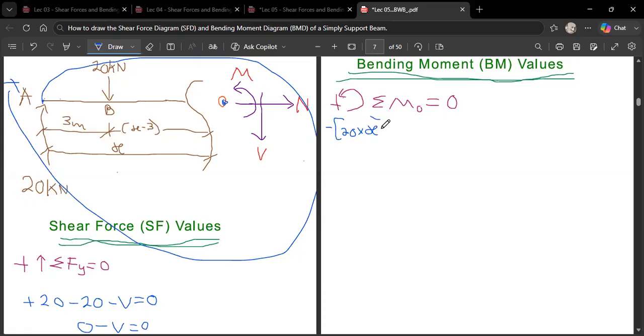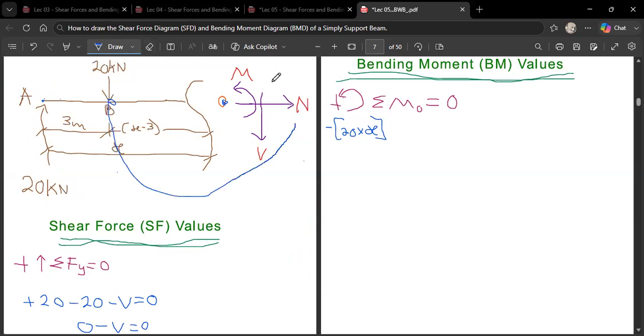Then from here, what are we going to do next? We are done taking that moment, so let's take it off. Then the next one we're going to take is, this is going to be our pivot, and then we stand over here with a pencil. You take the moment. Which kind of moment is this? This is an anti-clockwise moment, so it is positive.